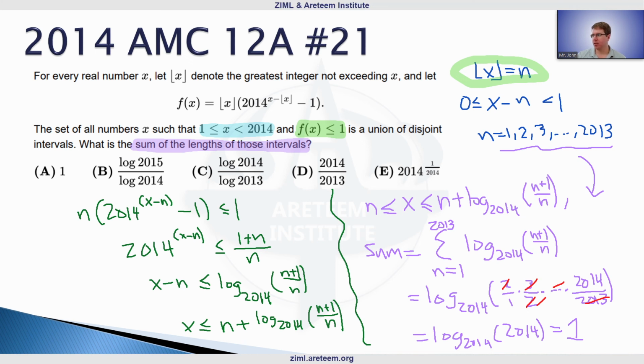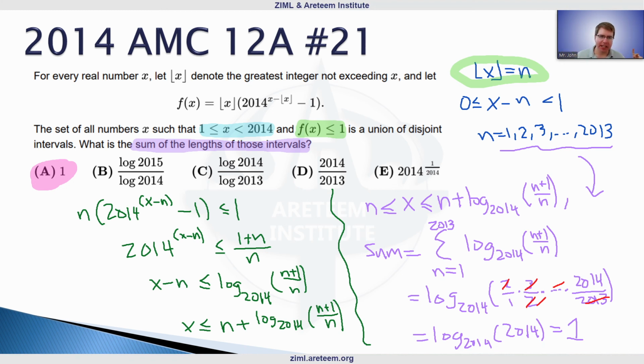So pretty easily our final answer simplifies, maybe surprisingly nicely, and the sum of the lengths of all of these intervals is 1.